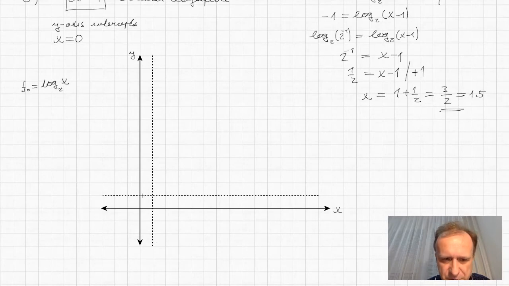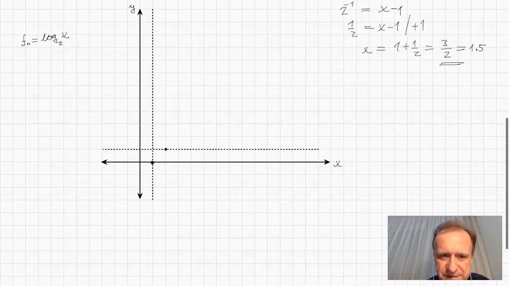So this function has to pass through this point with coordinates 0 and 1, okay, and it also has to pass through the point with coordinates 2 and 1, okay, because the logarithm in base 2 of 2 is 1 and logarithm in base 2 of 1 is 0. So the graph of this function would behave perhaps like this.